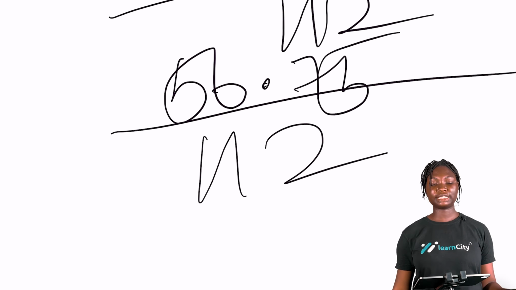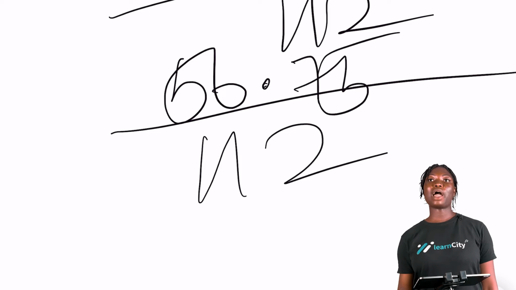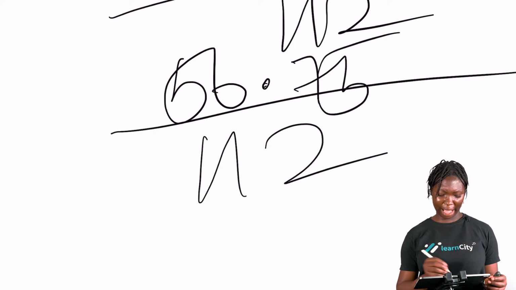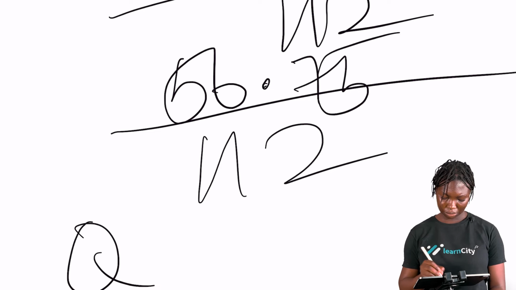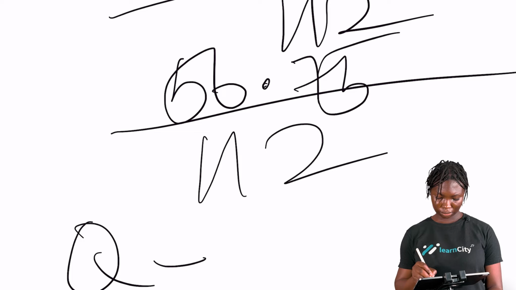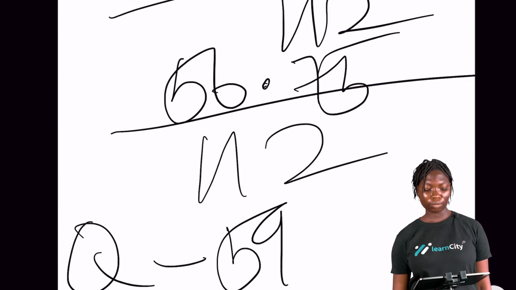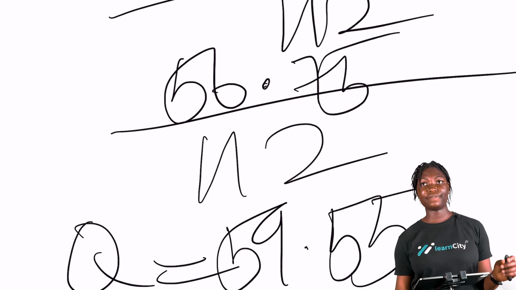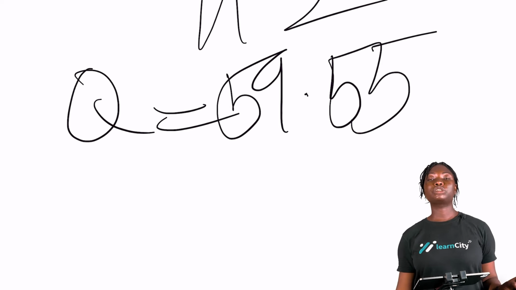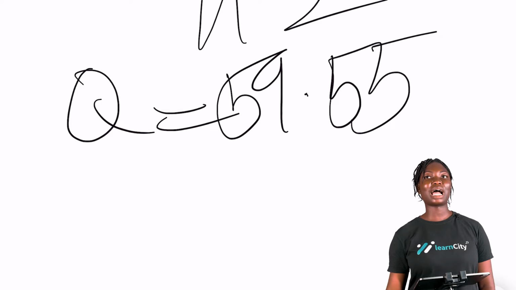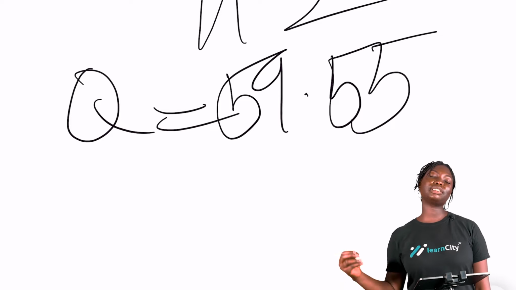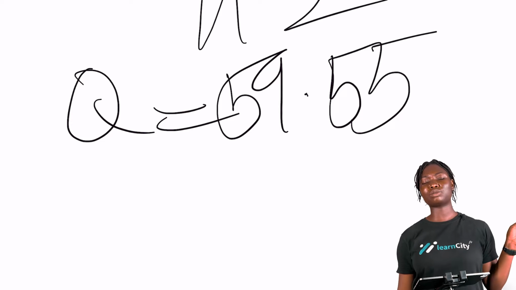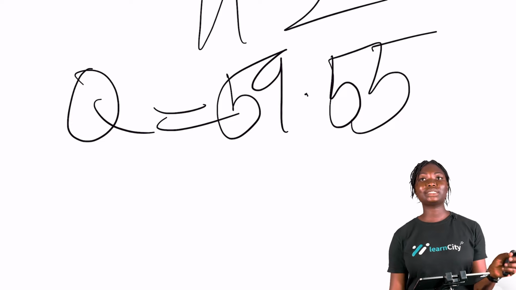So 56.75 over 112, and we have our Q to be 59.55 degrees. Now, to find our angle PSR, it will be 180 degrees minus 59.55, which uses the opposite angles of a cyclic quadrilateral.